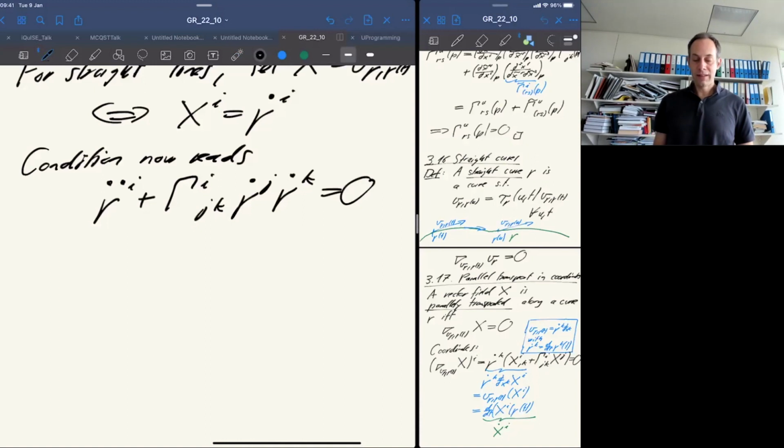Okay, so I think that gives us a lot of tools in our hands, and we can now make one further step even closer to what is needed physically to do GR. But because there is no break today, let me nevertheless ask whether there are any questions up to this point.